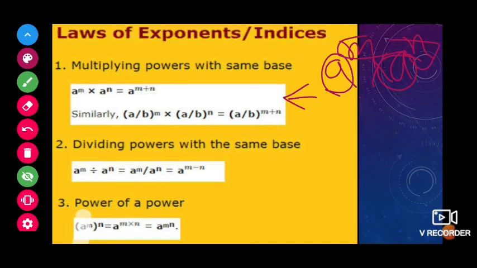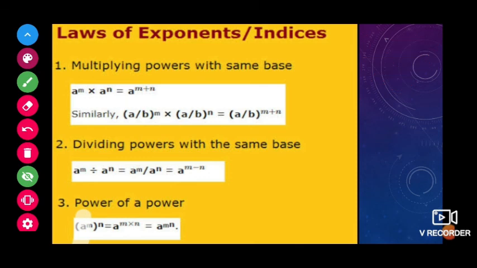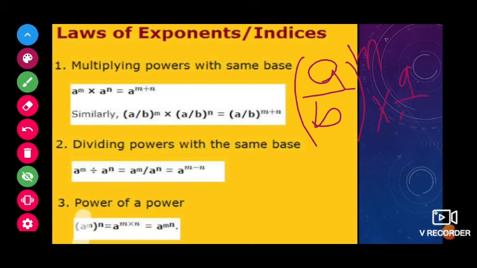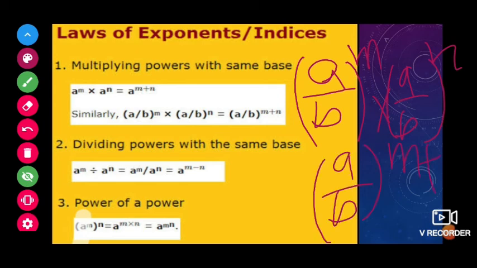So a to the power m into a to the power n is equal to a to the power m plus n. In the same way, if it is a by b whole to the power m into a by b whole to the power n, then we can write a by b, the same base, whole to the power m plus n. This is called the product law.